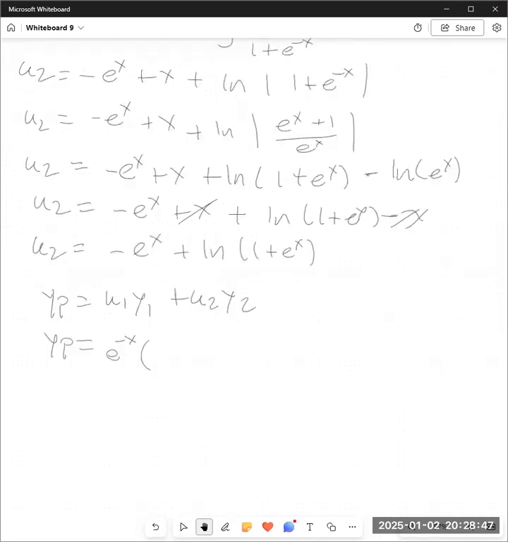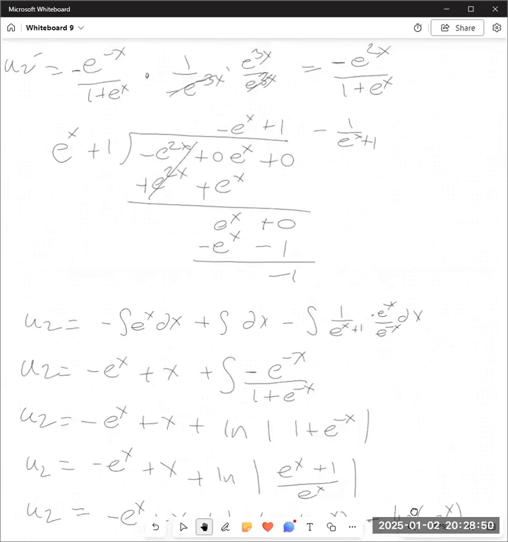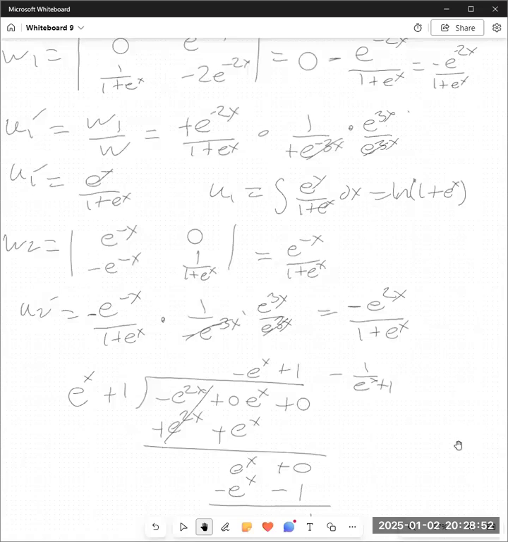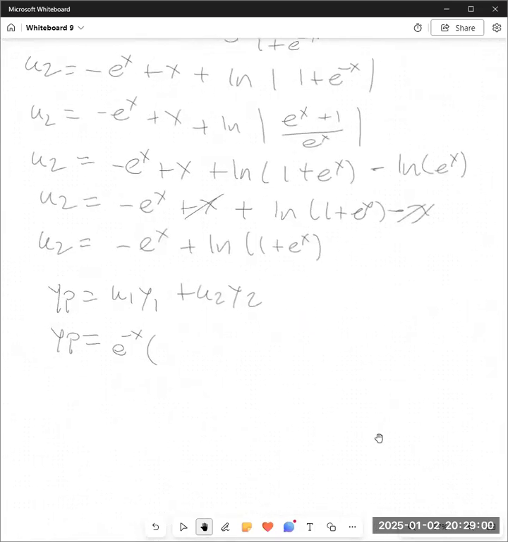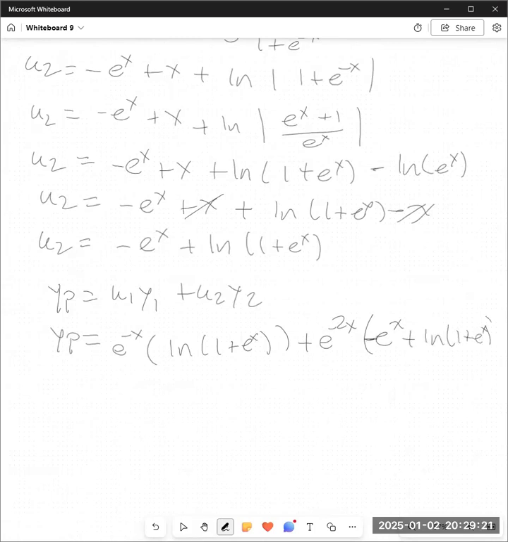My u1 was right there, was ln of 1 plus e to the x. This is e to the negative 2x times negative e to the x plus ln of 1 plus e to the x.